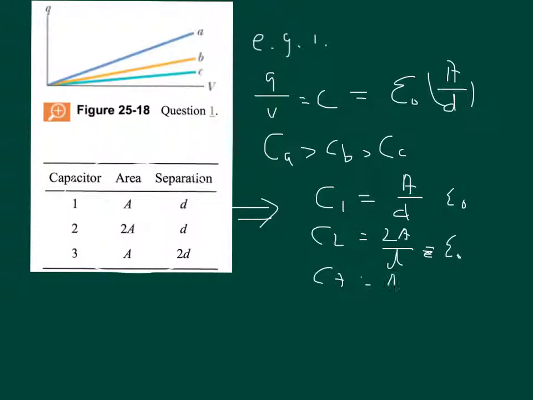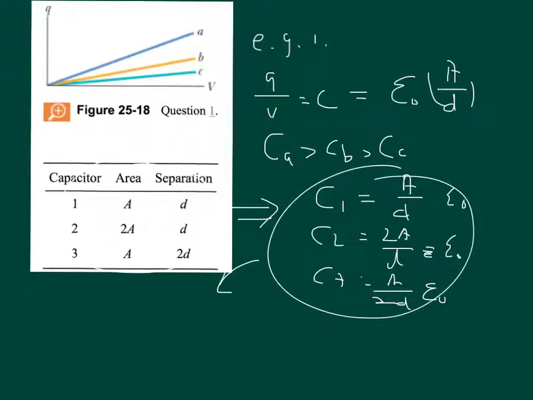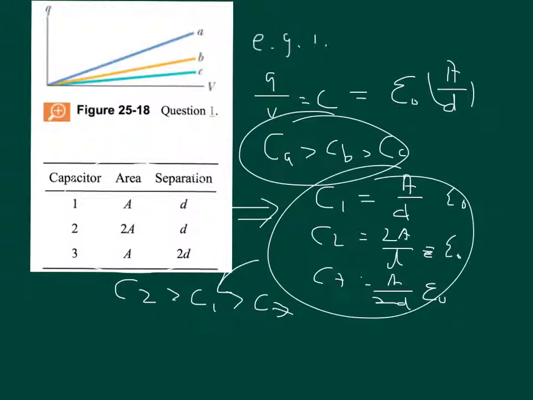C3 equals A over 2D epsilon naught. And from this, we derive that C2 is bigger than C1, which is bigger than C3. And since CA is bigger than CB, bigger than CC, and C2 bigger than C1 bigger than C3, then we can conclude A is 2, B is 1, C is 3.